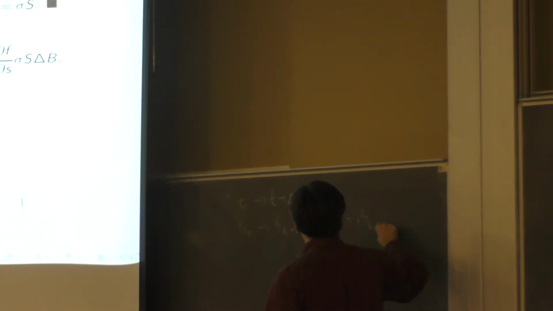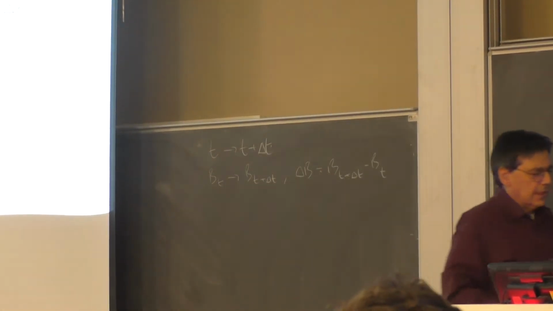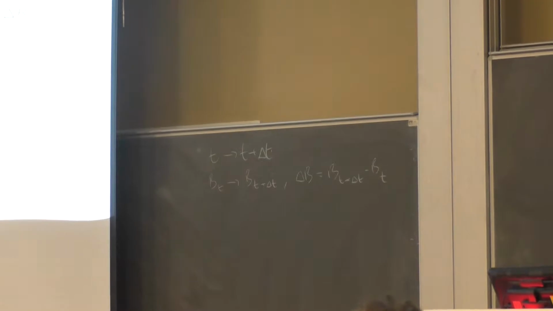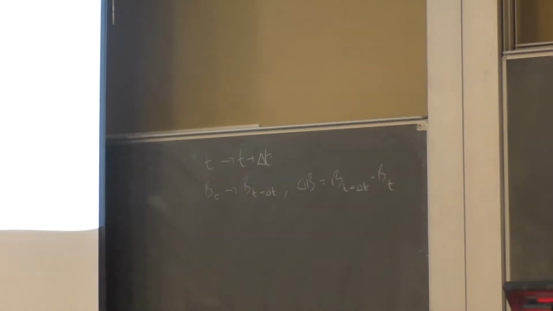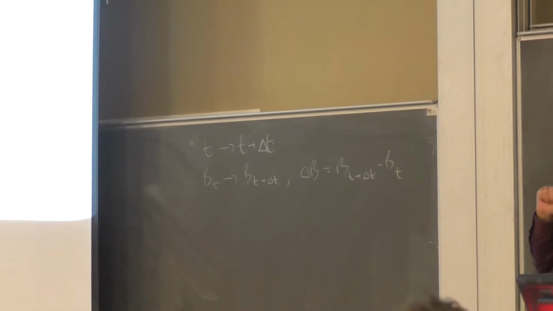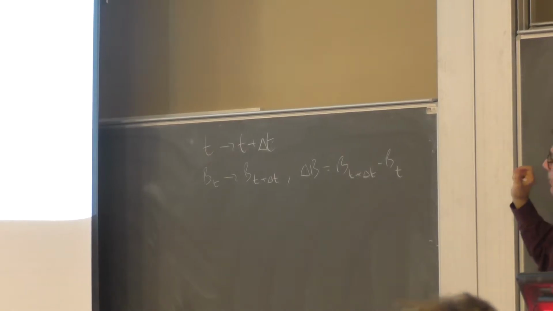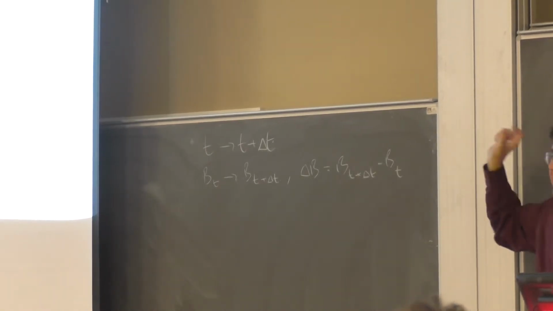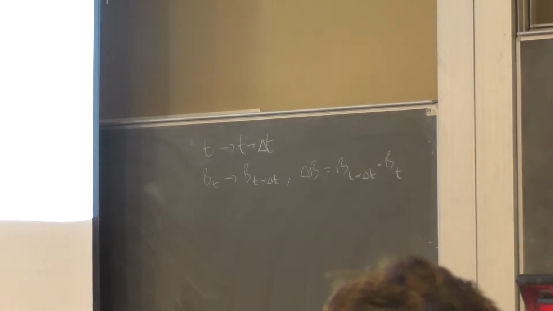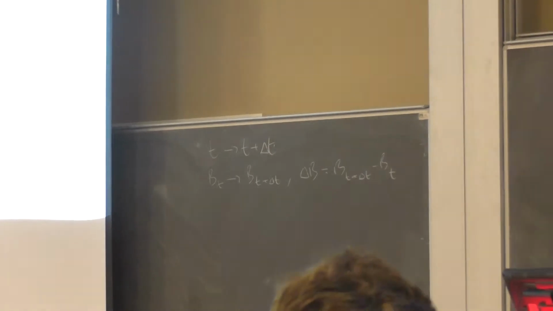Then we can talk about delta Brownian motion, which is going to be the difference of the two. And then if instead of talking about the infinitesimal period of time, we talk about a very short period of time, we can get a discrete version of the infinitesimal behavior by saying, okay, so over a very short period of time, the change in f is going to be that expression times delta t, plus this other expression times delta B.